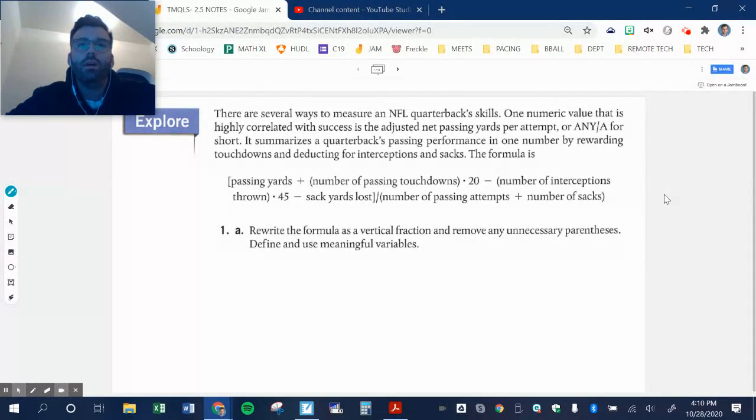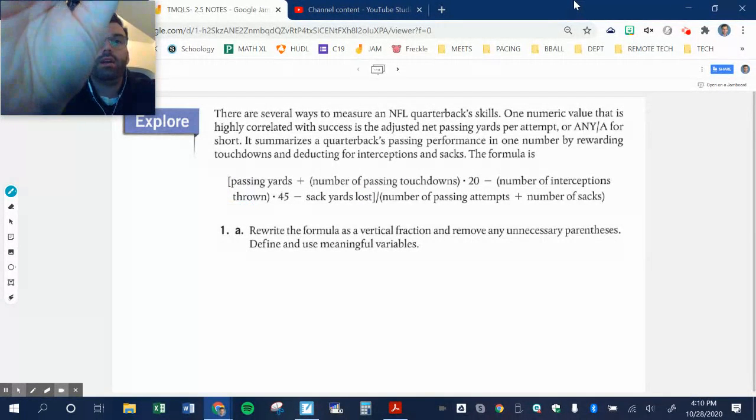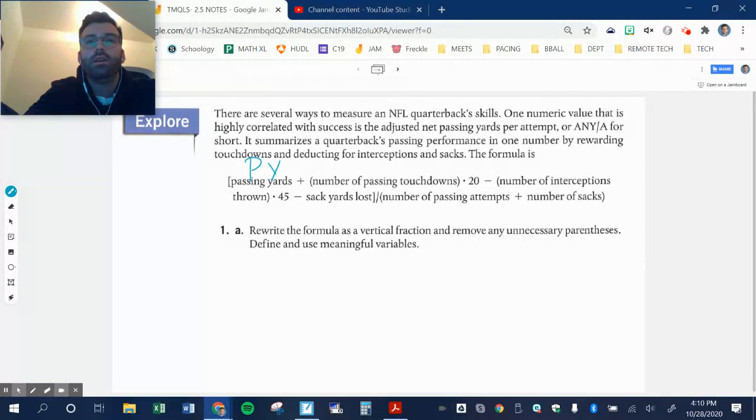Why don't you go ahead and read the explore question for today? Go for it. All right, so we got our adjusted net passing yards per attempt. Wow. So we're going to try to express this in a formula. I'm going to use PY for passing yards.